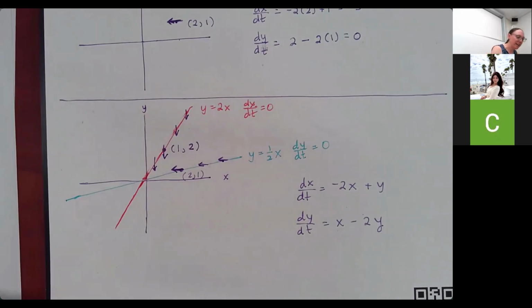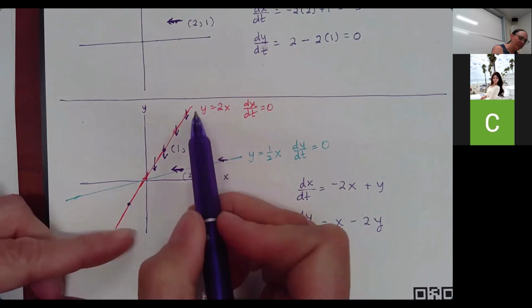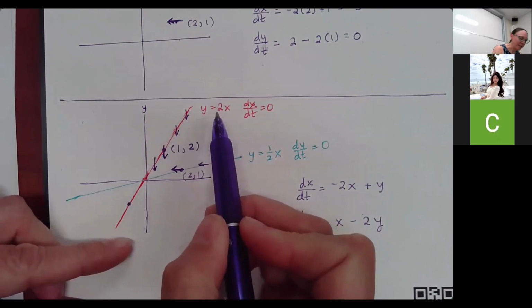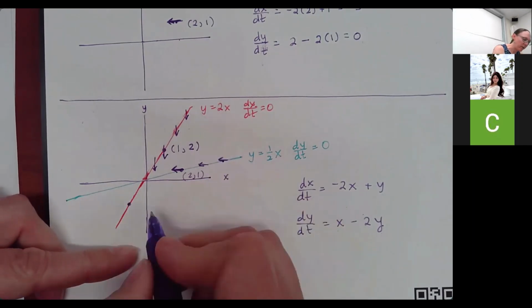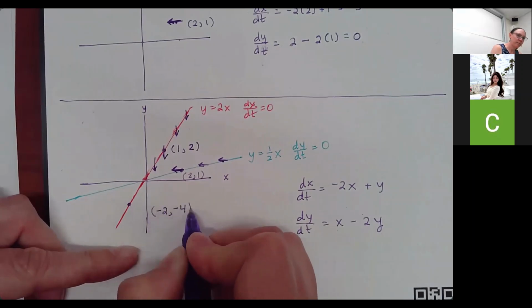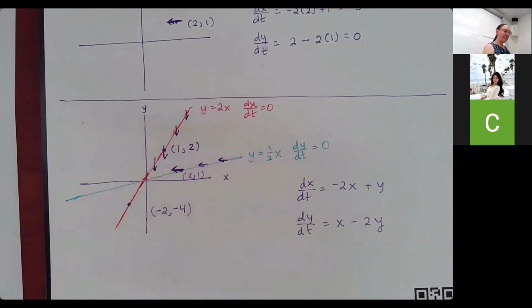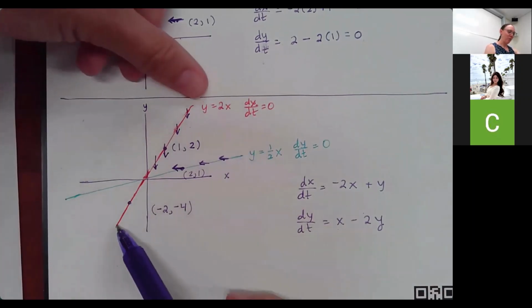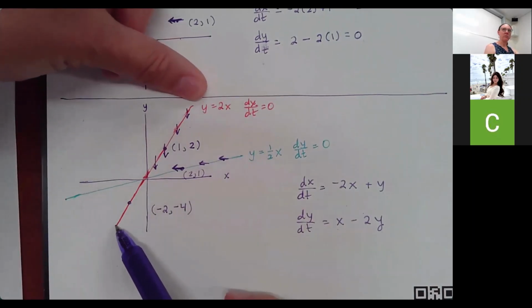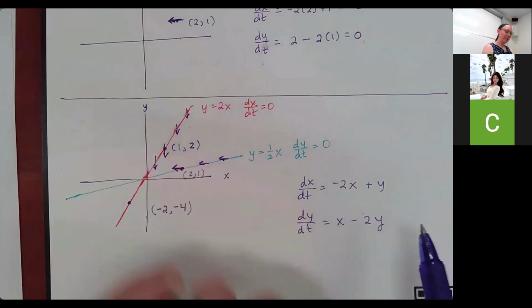So I'm going to do a test point down here. Still has to be on this line. So my test point down here, how about (-2, -4)? That should still be on this line. Because it's on this nullcline, what's my dx/dt equal to? 0. So I only have to check the dy/dt equation.